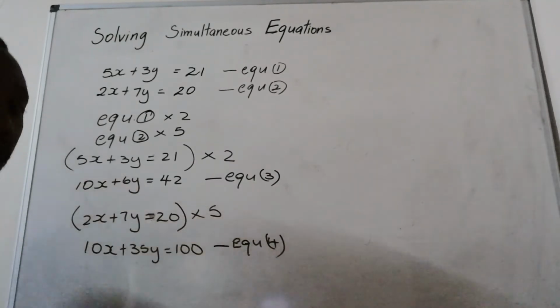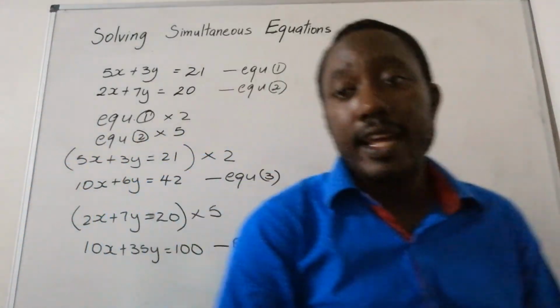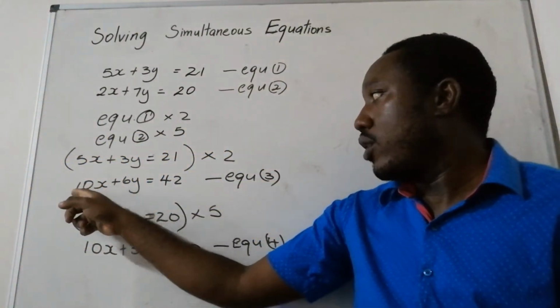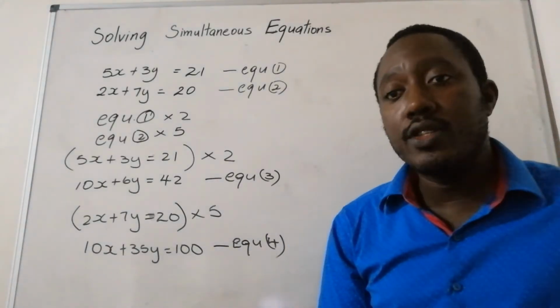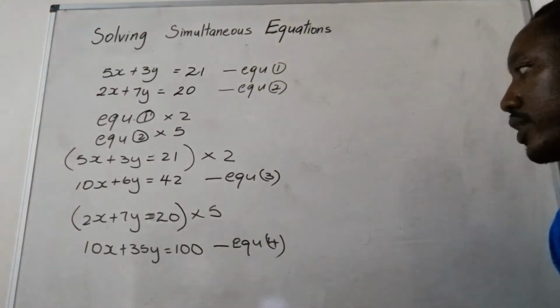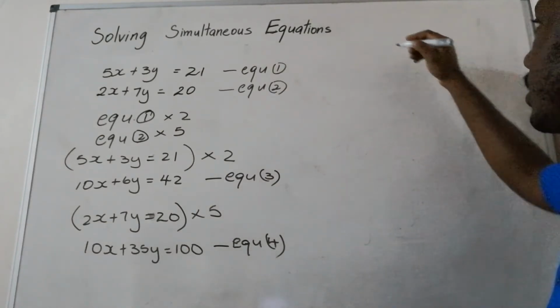Now that we can see that our coefficients are the same, we have 10x and 10x. So now we're able to solve our simultaneous equation.